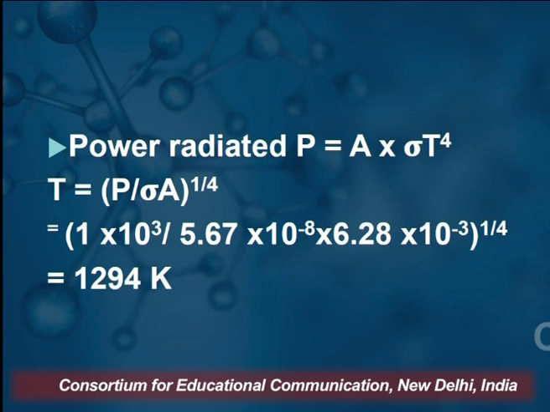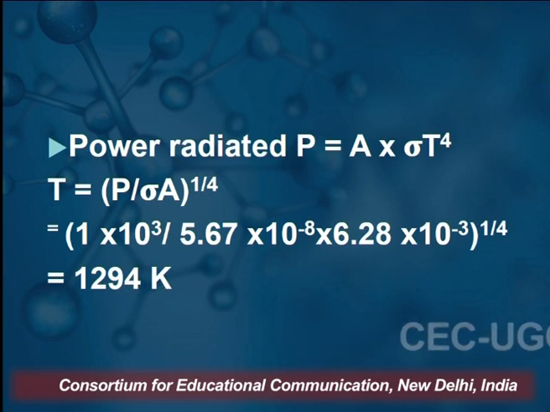The power radiated P is given by A into sigma T4. P is the power, A is the area, sigma is Stefan's constant, T is the temperature. So we have T is equal to P by sigma A raised to the power 1 by 4.